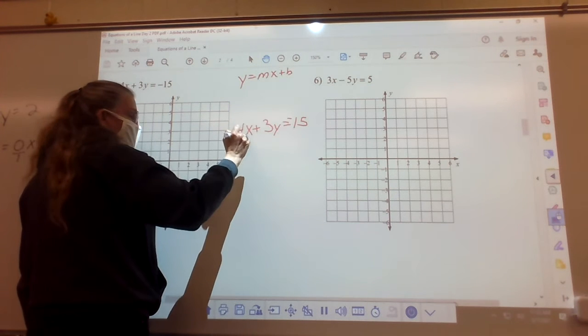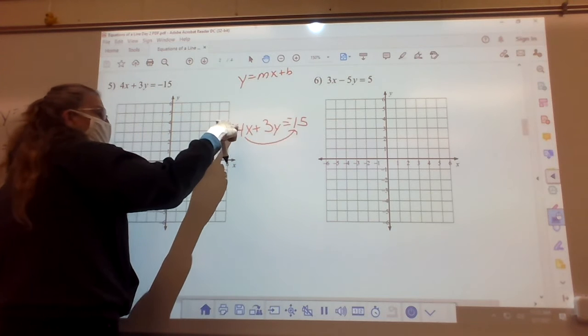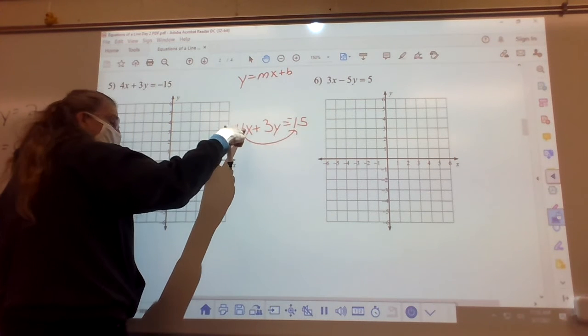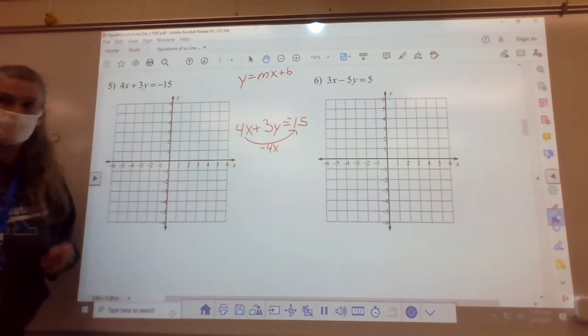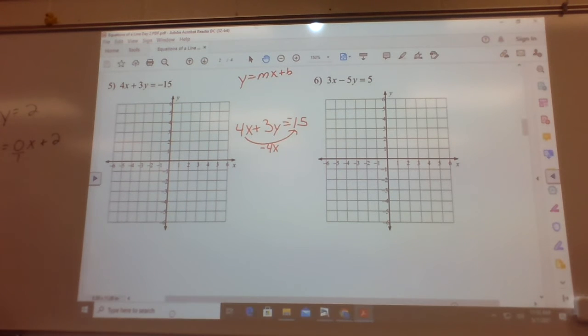So this 4x has to go behind the equals. Remember, if this is going to the other side of the equal sign, I'm moving the 4x, so I'm subtracting a 4x to move it. Anytime you want to move something to the other side, you do the opposite. So to get rid of a 4x, I subtract a 4x.